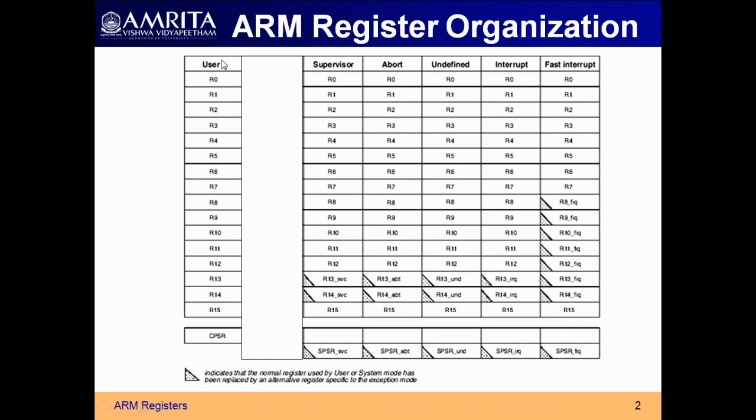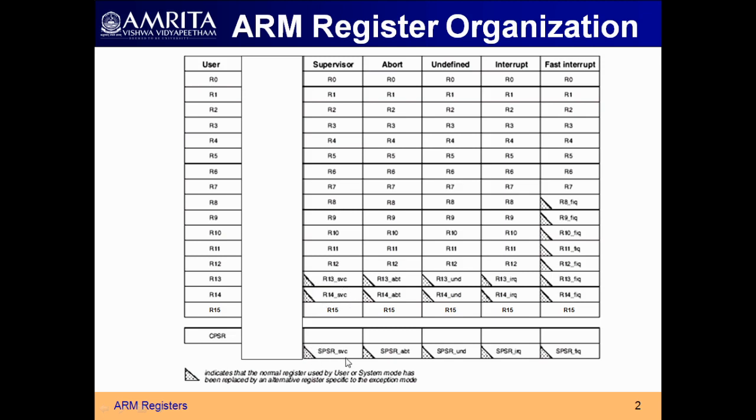But when the processor is moving from user mode to supervisor mode, you can see that R0 to R12 registers are the same copy of R0 to R12 registers in user mode. But R13, R14 and SPSR are new registers, or the R13 and R14 registers of user mode will be replaced with R13 underscore SVC and R14 underscore SVC.